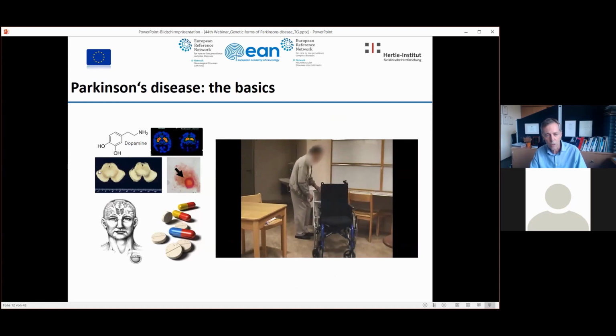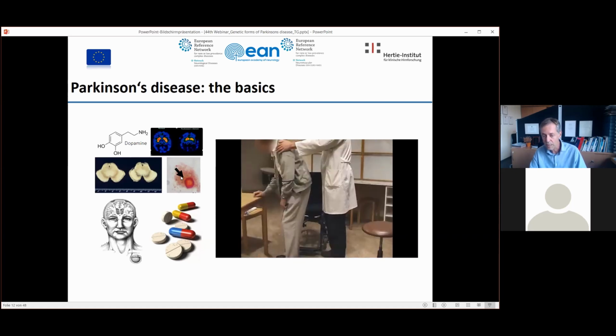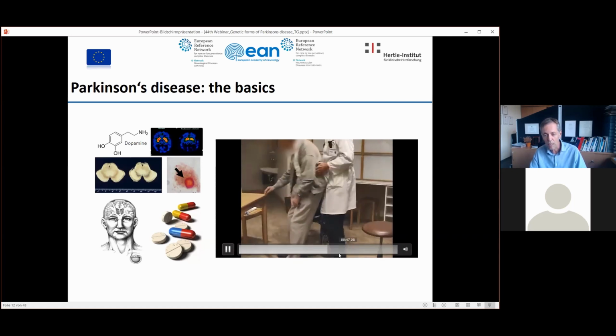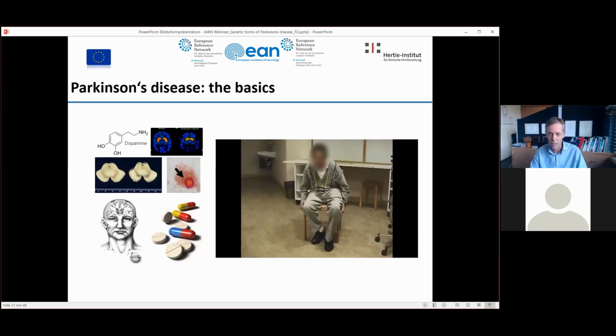And we know that this is caused by the degeneration of the substantia nigra dopaminergic neurons, the lack of dopamine in the projecting areas, and they have also specific changes in their histopathological picture, namely the Lewy bodies and the degeneration of the appropriate dopaminergic neurons. We can treat those patients with drugs with dopamine replacement or with deep brain stimulation.